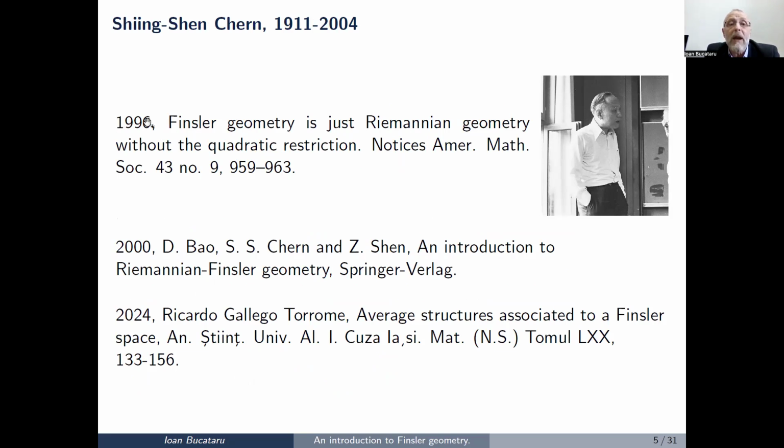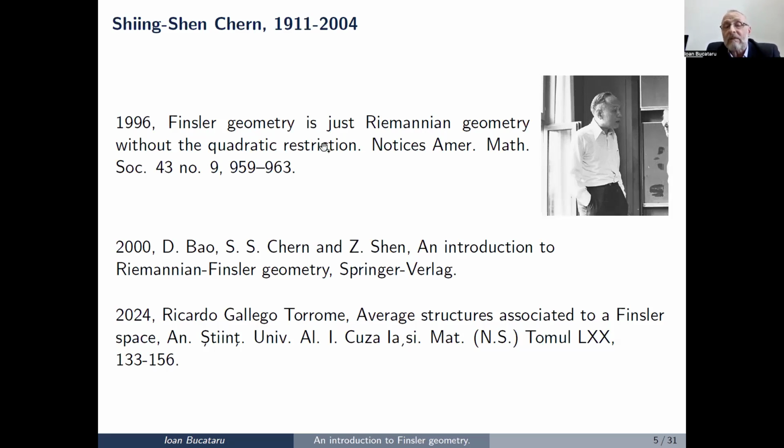It is this paper of Stern in 1996, published in the Notices of the American Mathematical Society, where the title of his article states that Finsler geometry is just Riemannian geometry without the quadratic restriction.